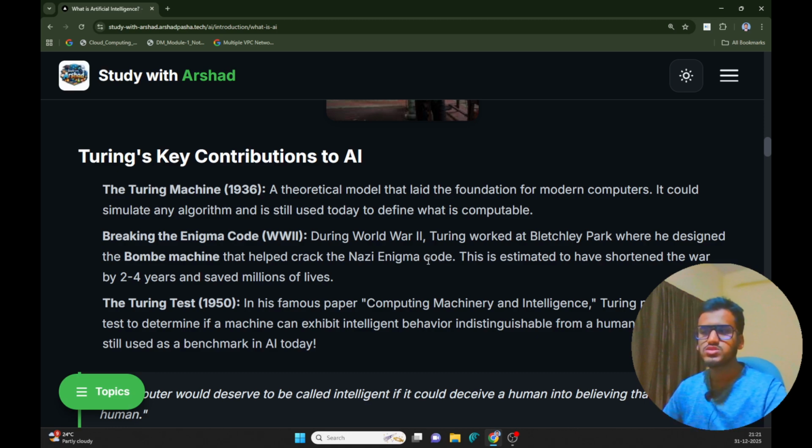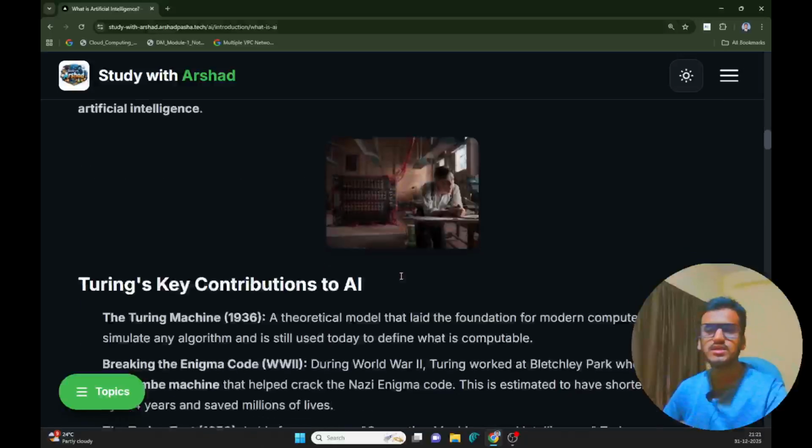Alan Turing saw that the enemies were sending messages by radio or something else, using numbers, and the algorithm changed every day. To break it, Alan Turing created a machine.